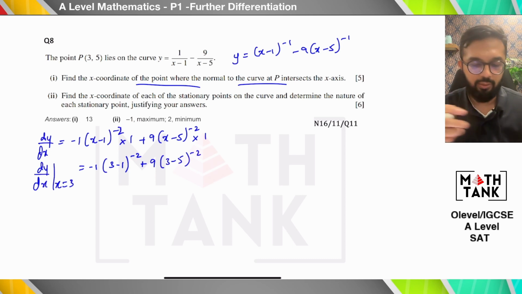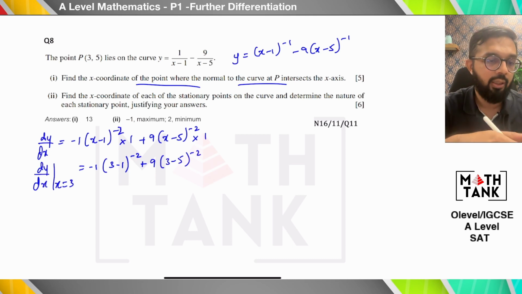What does that give me? I'll just use my calculator quickly and tell you that this is minus 1 into 2 to the power minus 2 plus 9 into minus 2 to the power minus 2.